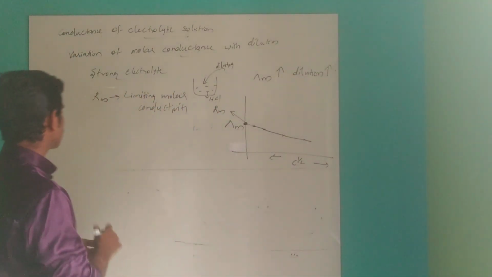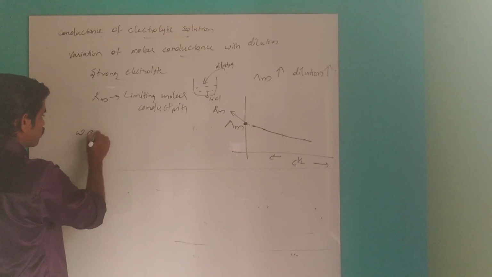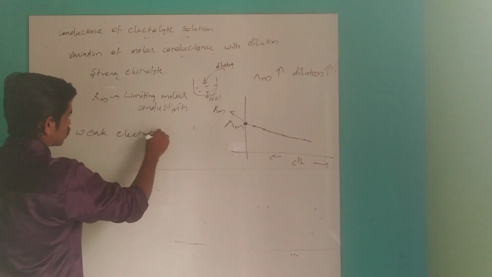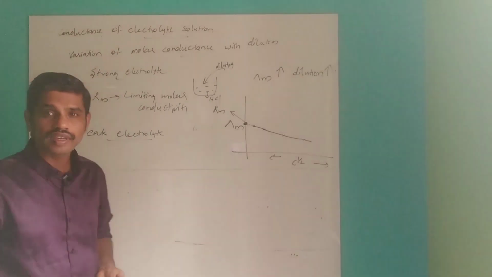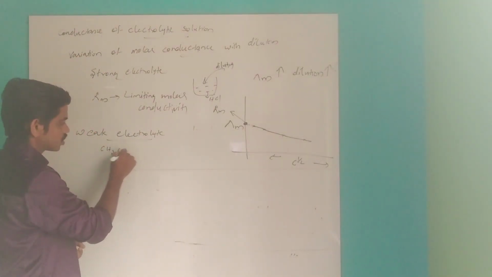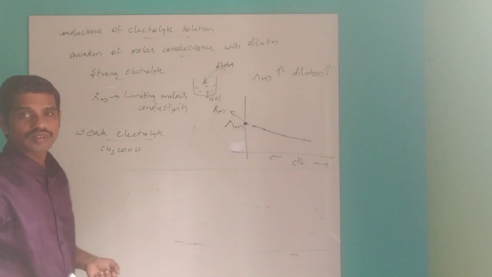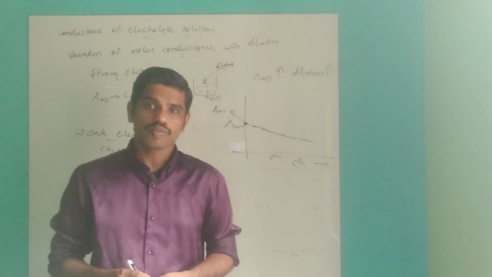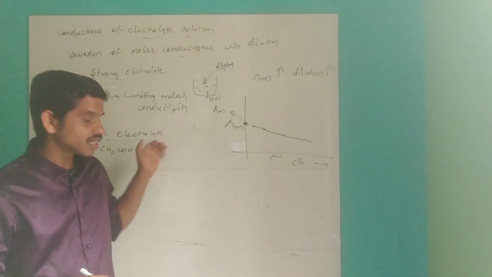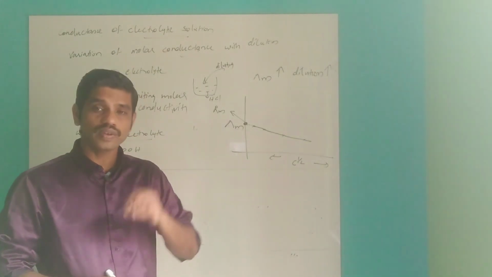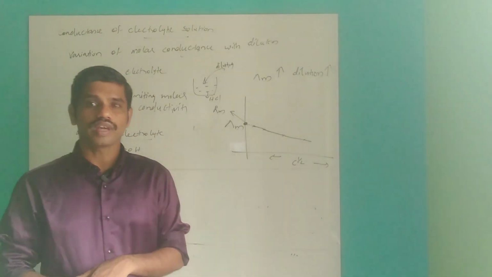What about a weak electrolyte? Suppose you are taking acetic acid, CH3COOH. At first you take 1 mole of the substance, prepare 1 mole of acetic acid solution, measure the conductivity, then you add water, diluting.